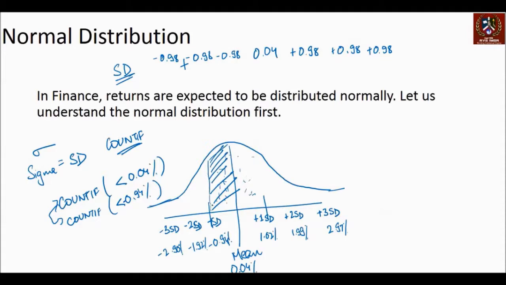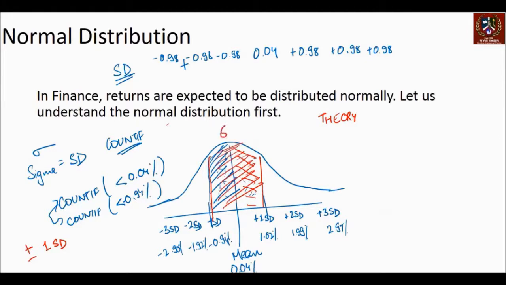Now, in terms of the normal distribution process, if you look at what the normal distribution is, again, we're talking about theory. If I actually plot the number of observations between plus minus 1 standard deviation from the mean, which is this to this shaded portion, this entire portion is what we are looking at.